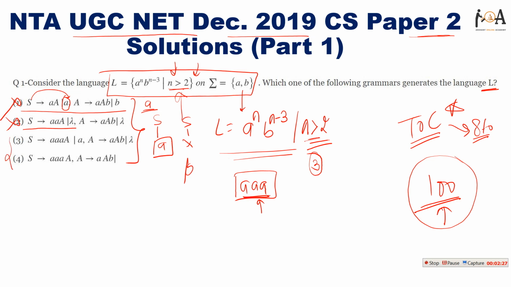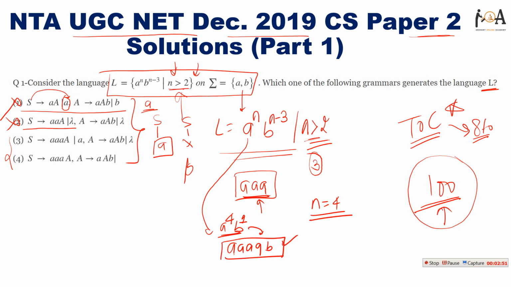Now we are left with the other two options. For that, let me take the value of n as 4. Then what would be my language? Four a's would be there, because a^n means a^4, and b^(4-3) means b^1. So it generates 4 a's and a single b.